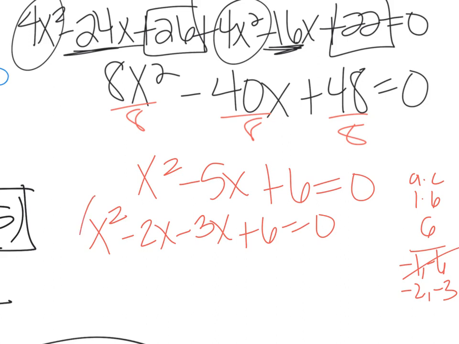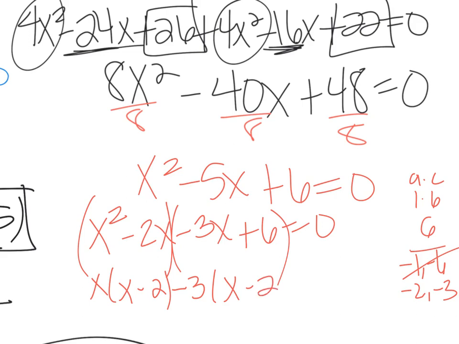And then let's group them. So I take out an x here, and I'm left with x minus 2. Take out a negative 3 here. I'm left with x minus 2.